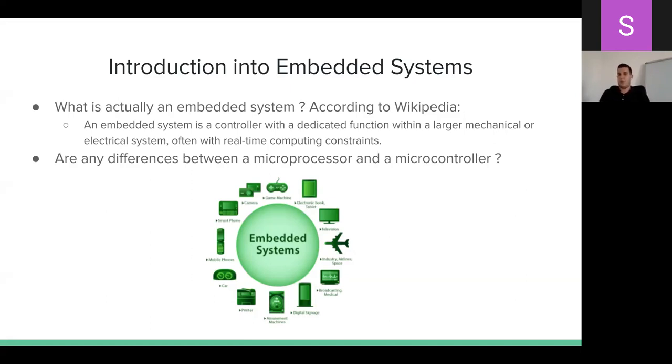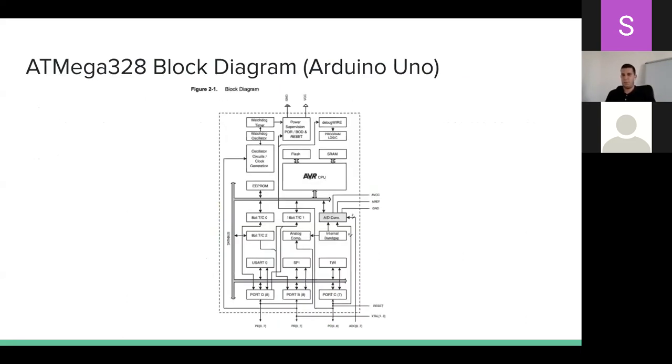Differences between a microprocessor and a microcontroller. Often people are confusing these types of processors. So the main difference between them we'll discuss now. In this picture, I hope it's big enough, you will see a block diagram of the ATmega328P, which I think is present in Arduino Uno.